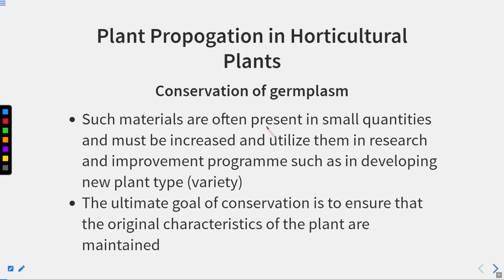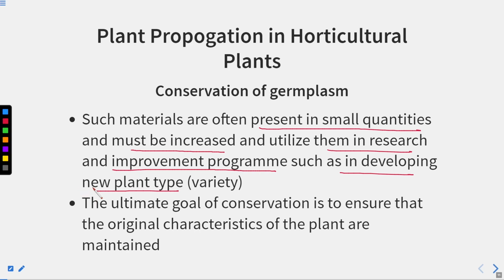And such materials are often present in small quantities and must be increased and utilized in research and improvement programs, such as developing new plant types. Right? So we are using this germplasm to increase the number of plants.